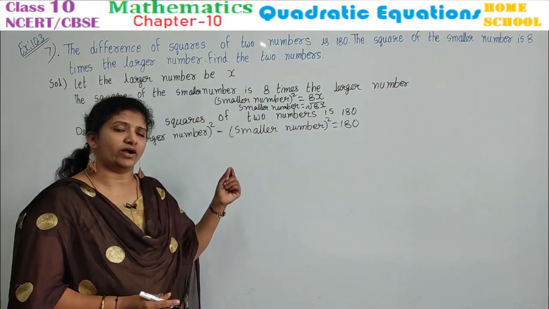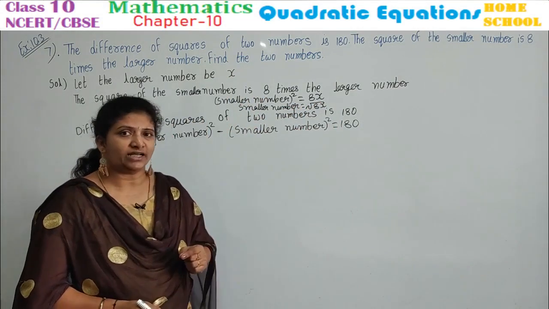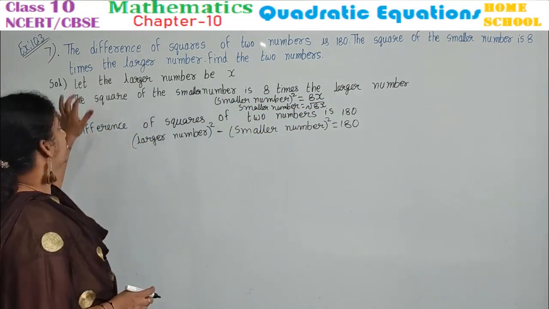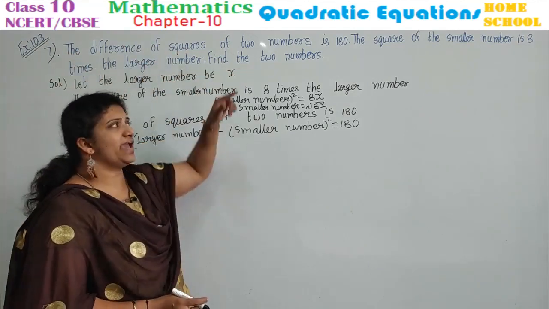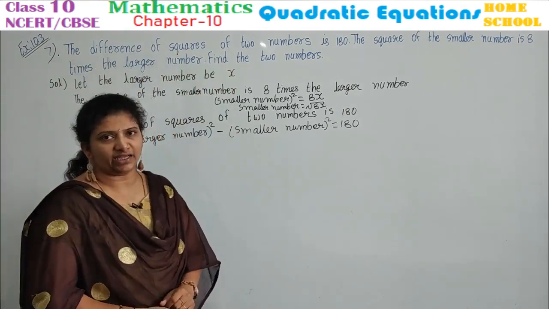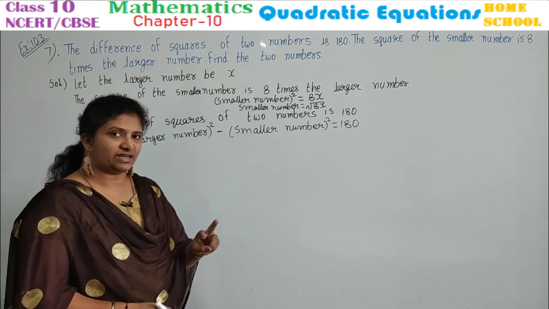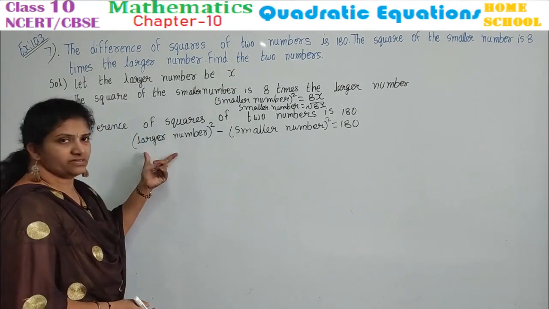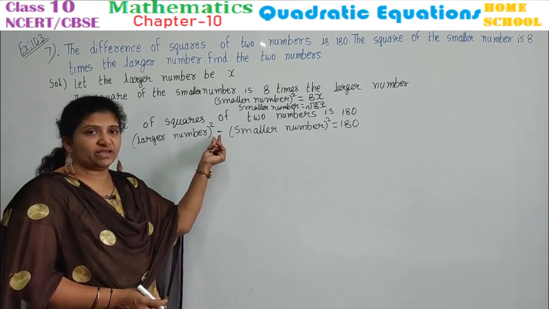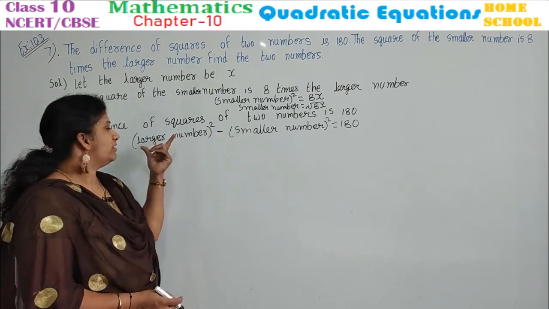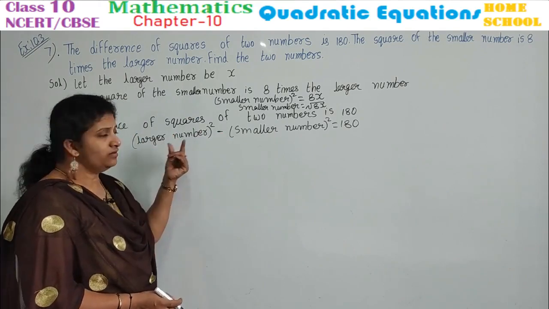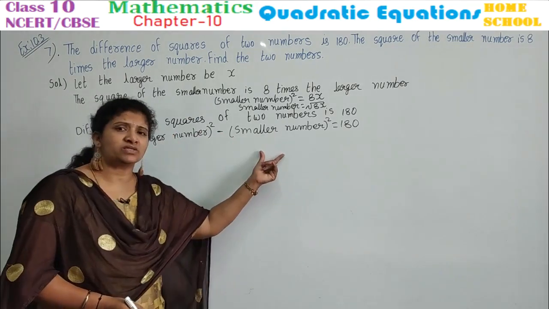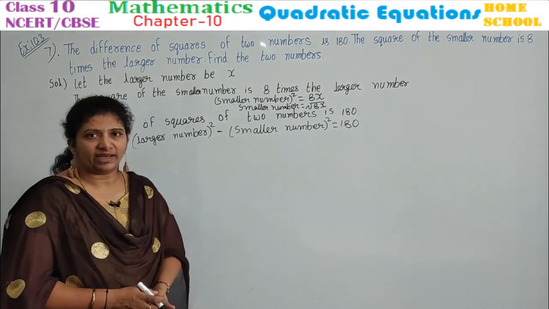We need to find what is the smaller number and what is the larger number. They have given in your first statement, the difference of squares of two numbers is 180. What are the two numbers? Larger and smaller. Squares. Difference means subtraction. Larger number square minus smaller number square is equal to 180.